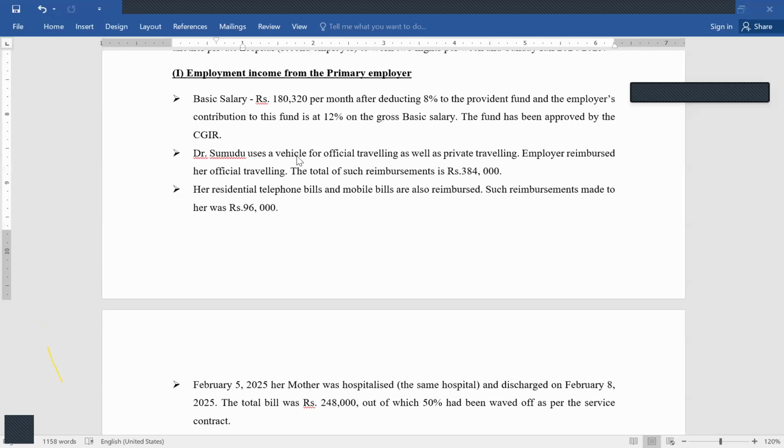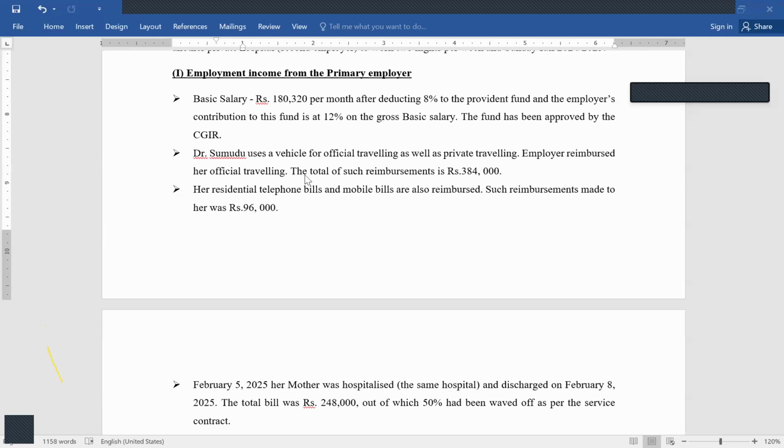Dr. Sumudu uses a vehicle. Suppose it is her own vehicle. She pays for the petrol and she is going for official traveling as well as private traveling.